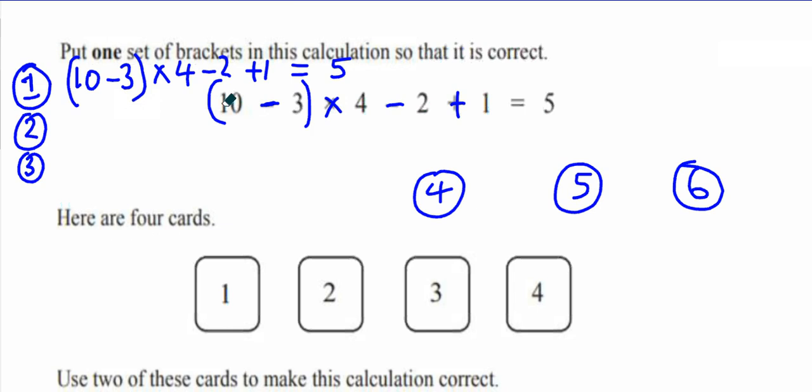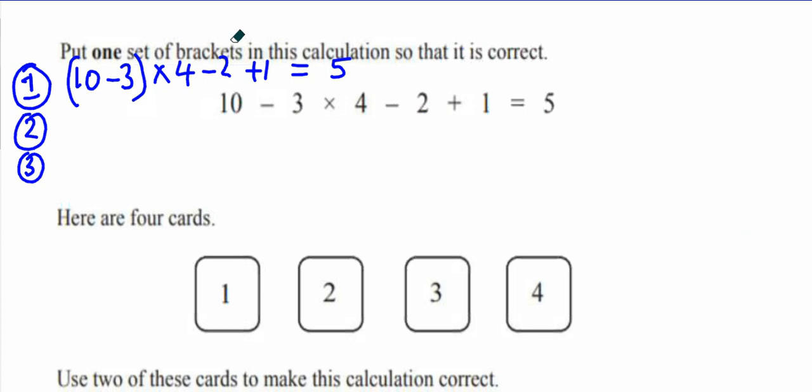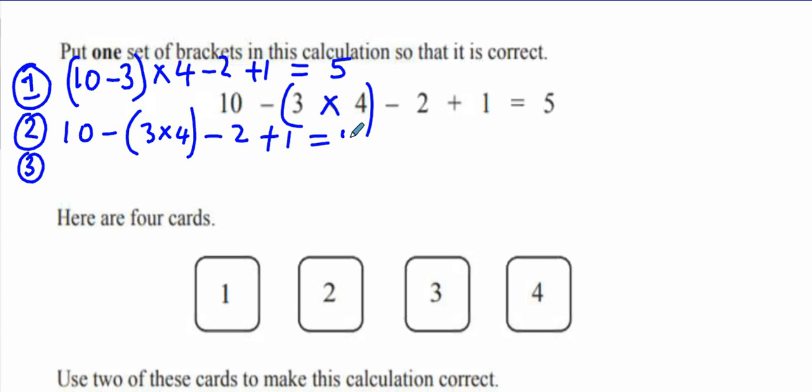Okay, another possibility will be putting the multiplication sign in brackets, like so. So this will be 10 minus bracket 3 times 4 minus 2 plus 1, and see if we'll be getting 5.